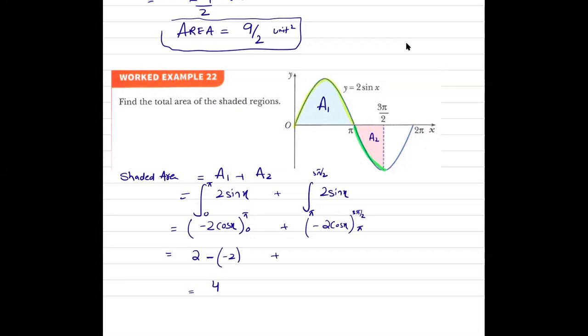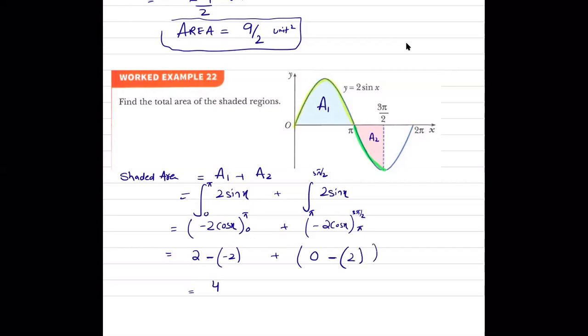Plus, when you apply the limits 3 pi by 2, so minus 2 cos 3 pi over 2 is 0, minus minus 2 cos pi is 2.